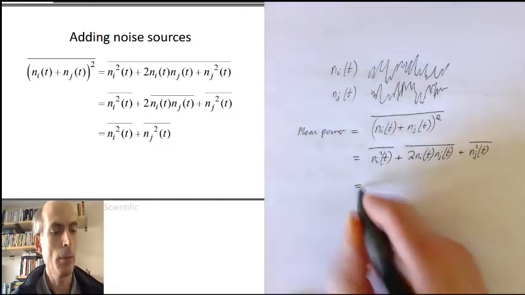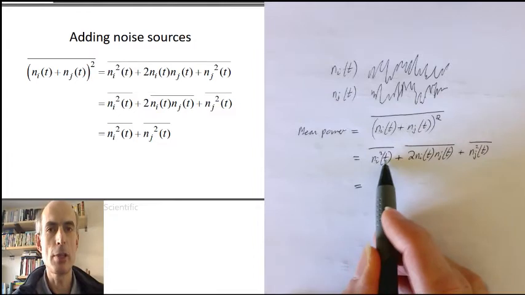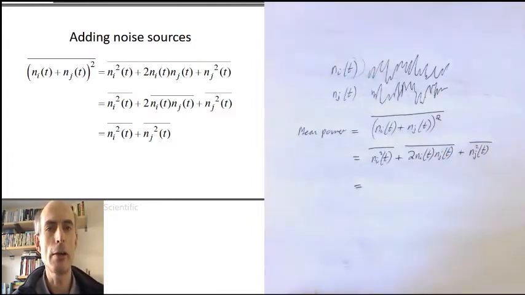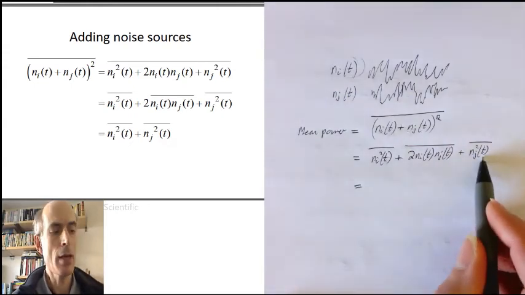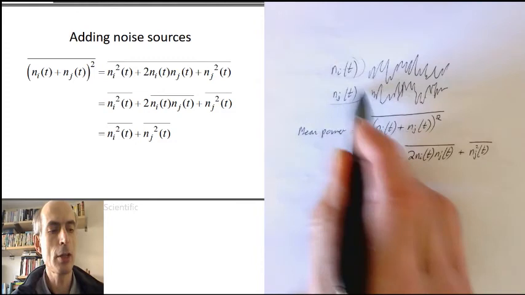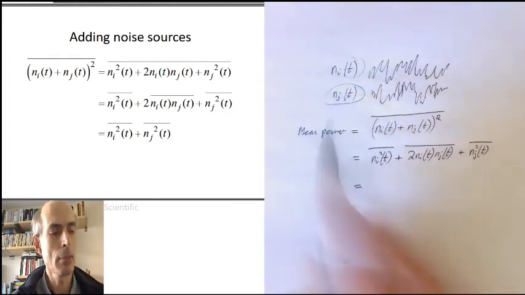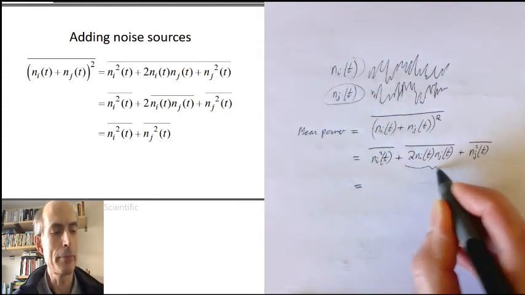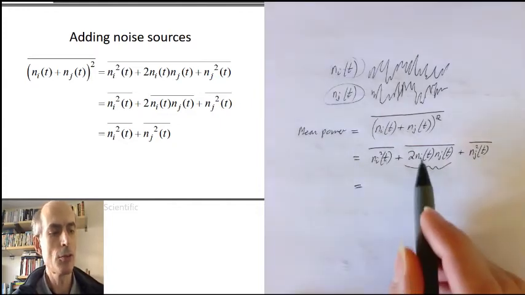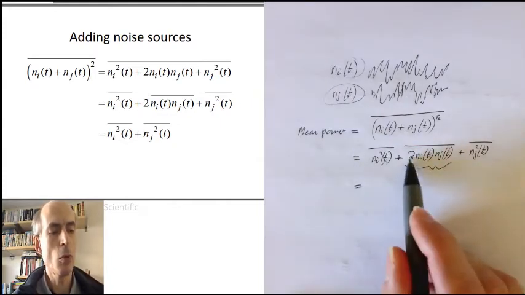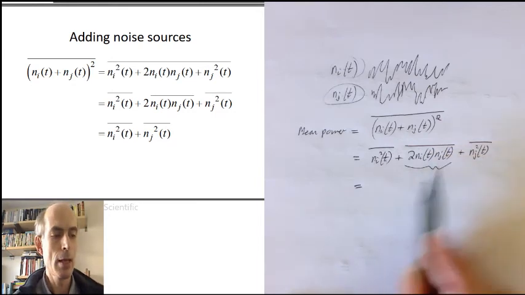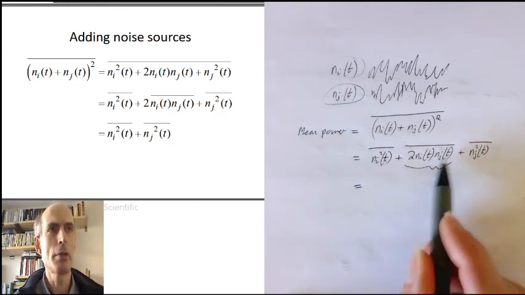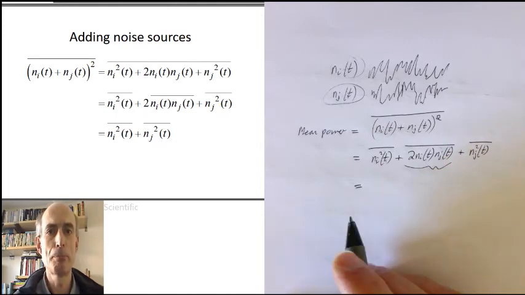Okay, well, Ni squared of t, that's just the noise power in this first signal here. Nj squared of t, that's the noise power in this second signal here. This term in the middle, however, well, that is the average value of twice the product of these two noise voltages. And the interesting thing about this term here is that it's 0.